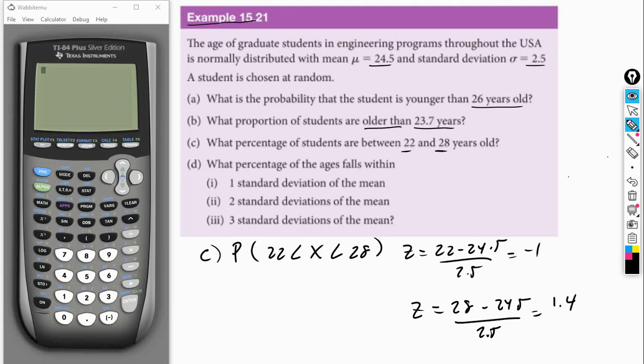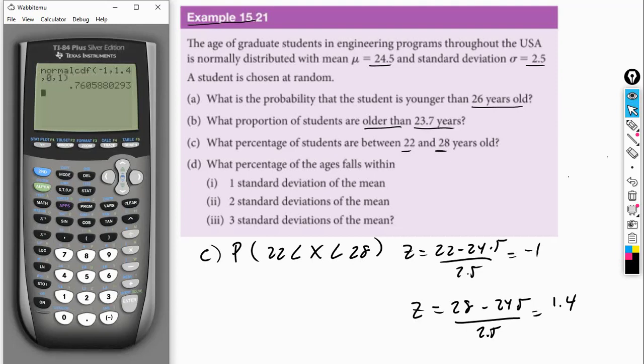So again, let's go to the calculator, and we go to second vars, the normal cumulative distribution function, and in this case, the lower limit is negative 1. Separate this with a comma from the upper bound, which is 1.4. Again, the mean is 0. Standard deviation is 1.